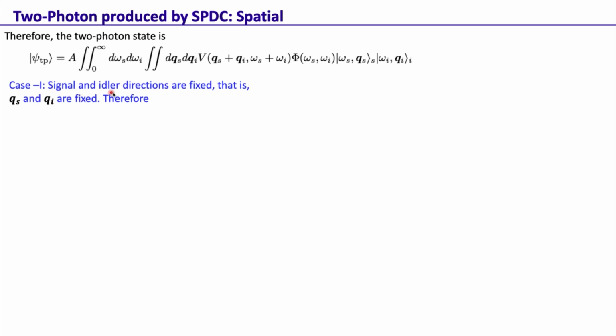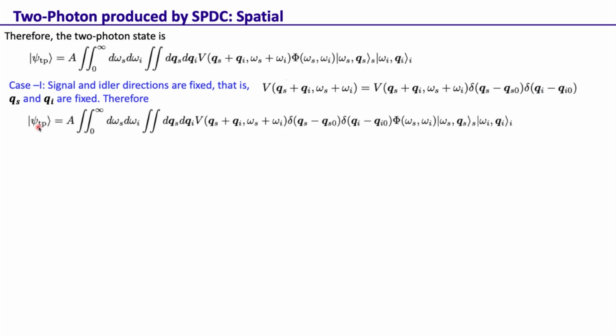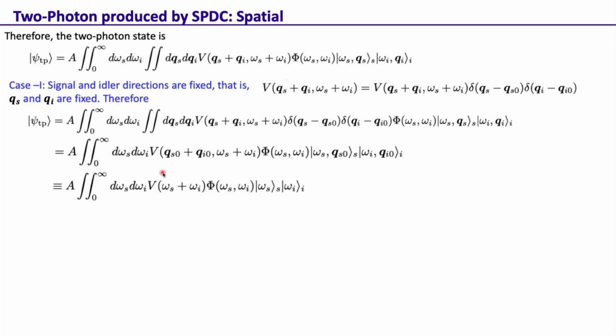Case one is when signal and idler directions are fixed. So when qs and qi are fixed, in that case this v of qs plus qi, omega s plus omega i, takes this form, in the sense that qs can only take one value, qs 0, and qi can take only one value, qi 0. Therefore this two-photon state we can write with this delta function, and if we integrate that, then these two integrals go away and we just have a frequency integral.